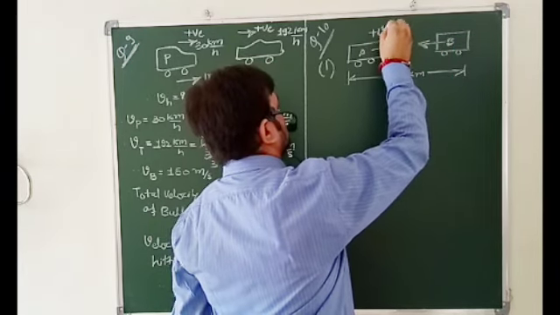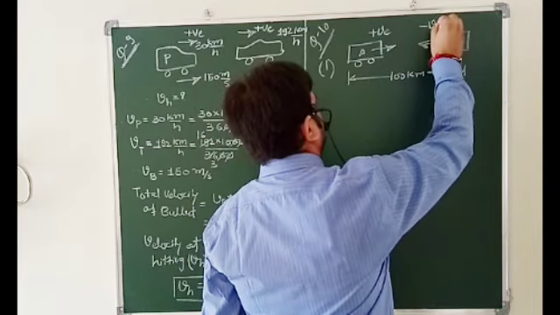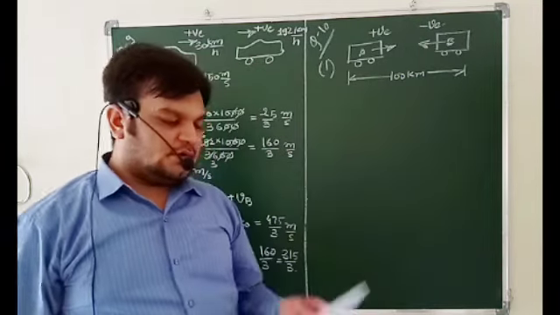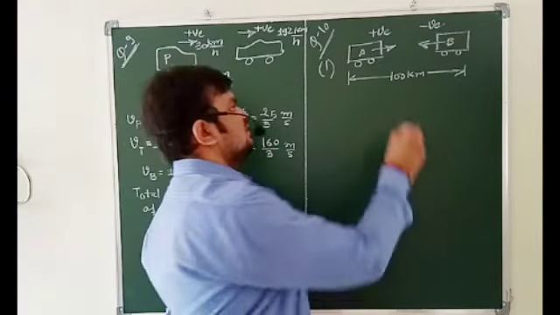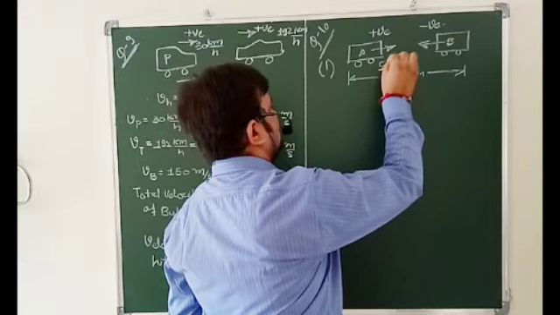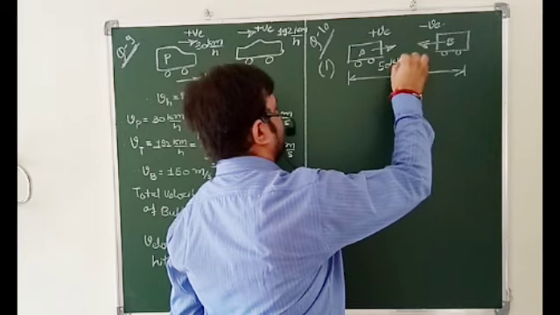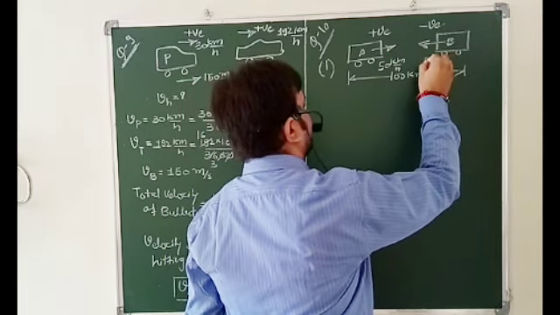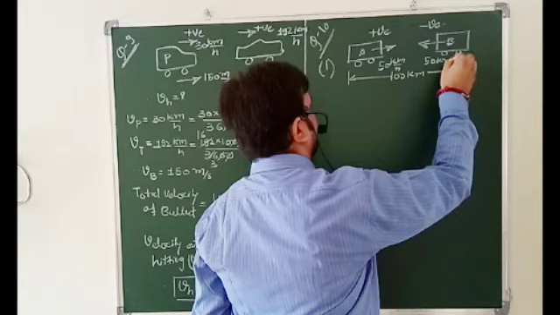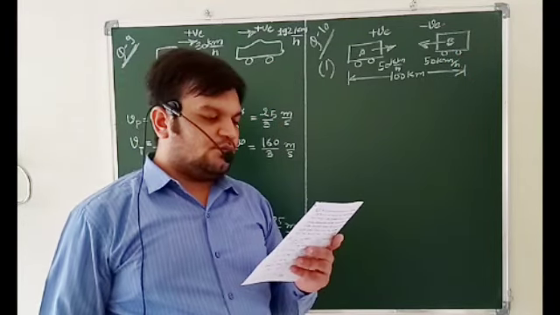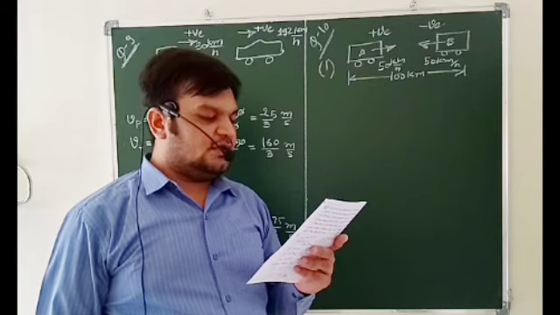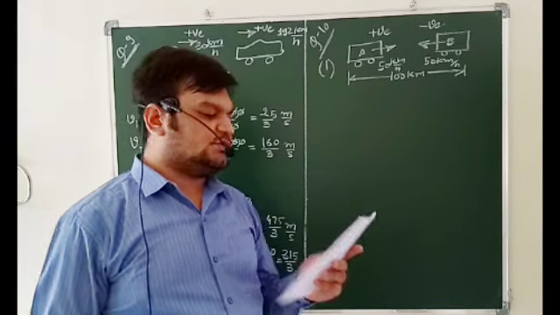This is in the positive direction and this is in the negative direction. And the initial speed of both is 50 km per hour. Now we have to find the distance covered by train A when they cross each other.